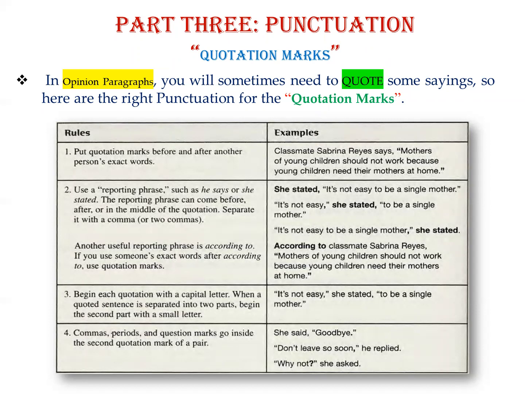Classmate Sabrina Reyes says, and you have to notice that we put a comma here, "Mothers of young children..." until you reach the end, where you also put a quotation mark. So you surround the saying of this person, this outside information, with quotation marks before and after. This is the first rule.